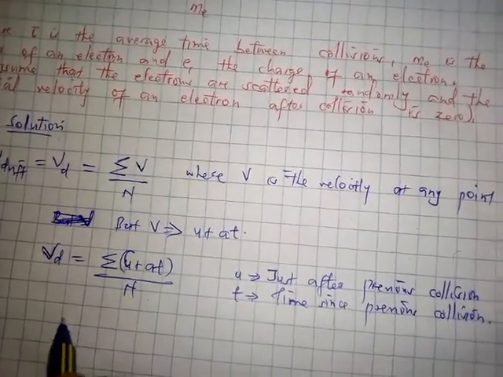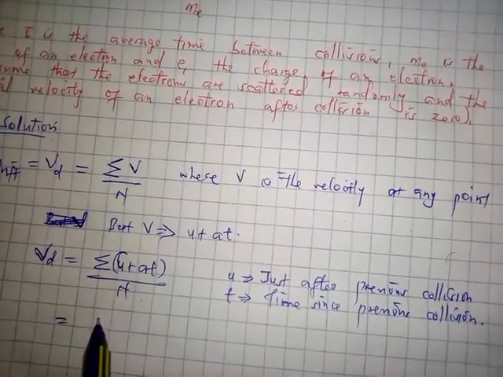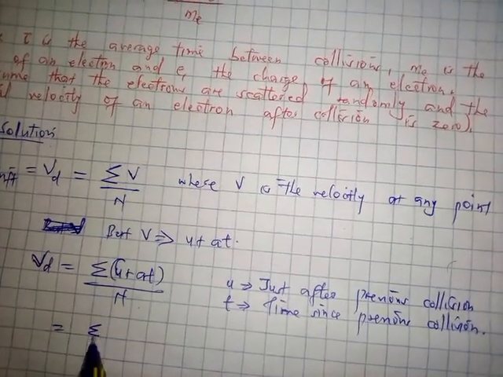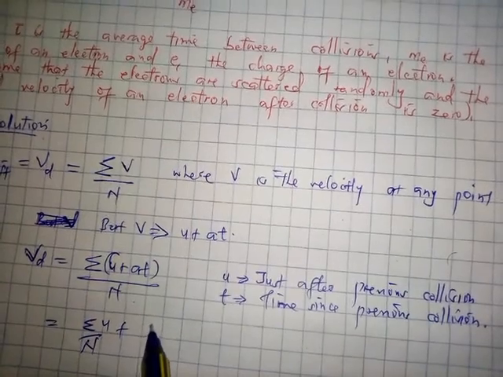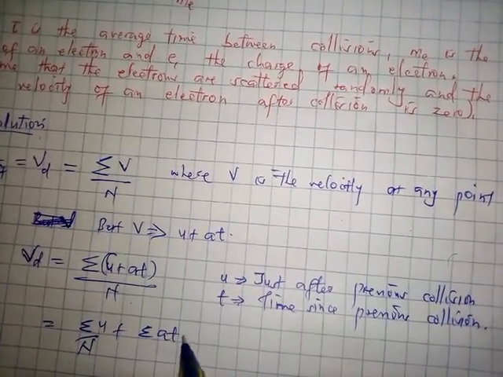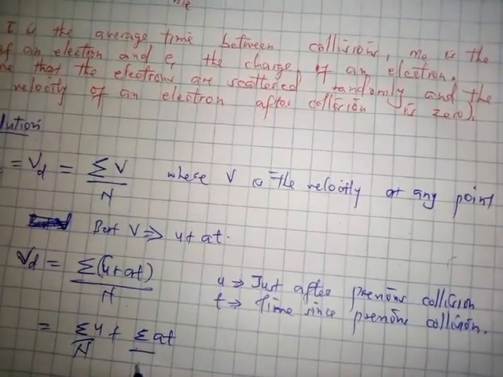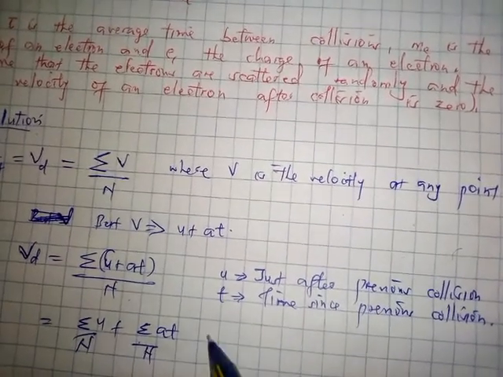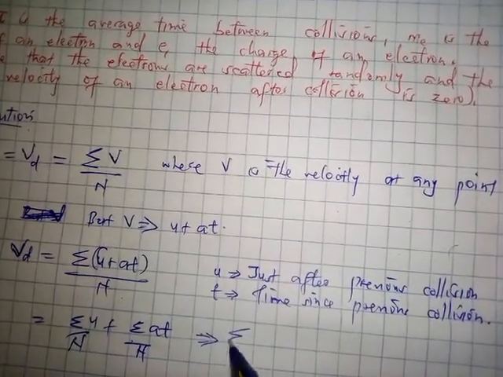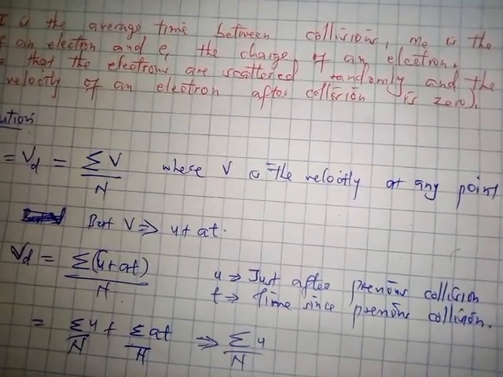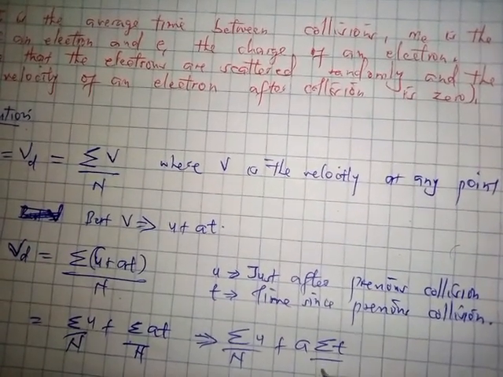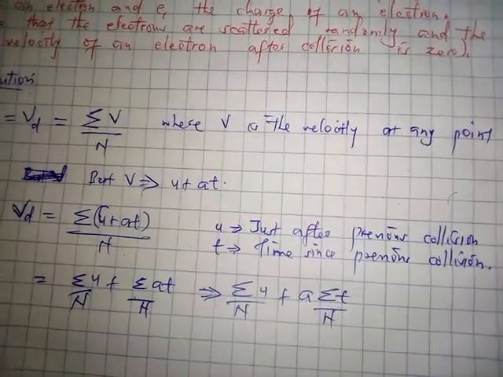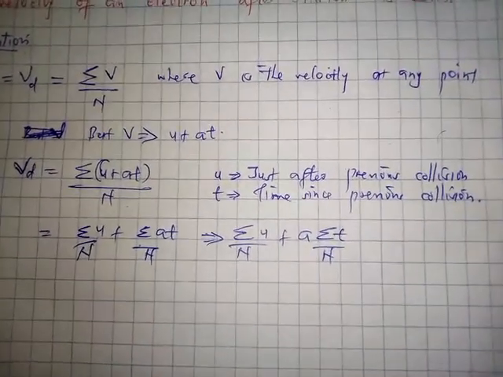This can also be written as the summation of U over N plus the summation of AT over N, which is the same as the summation of U over N plus A, the summation of T over N. Are we there?